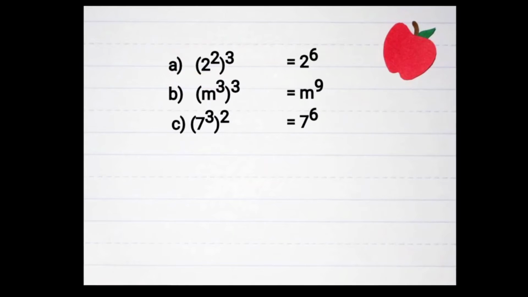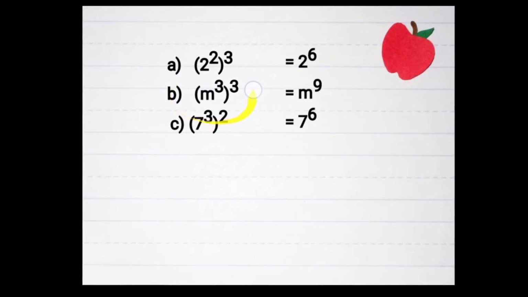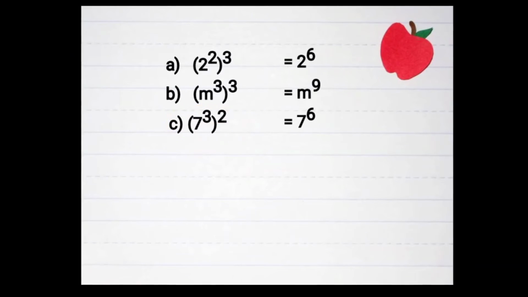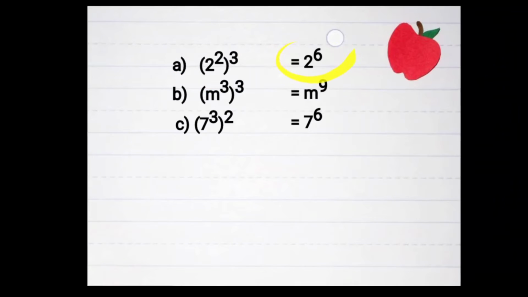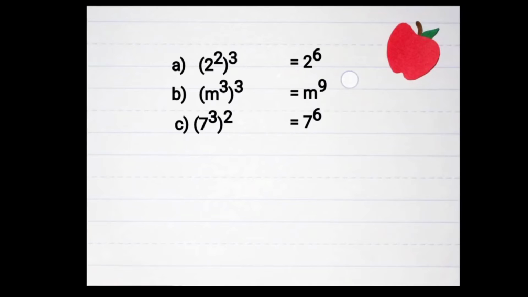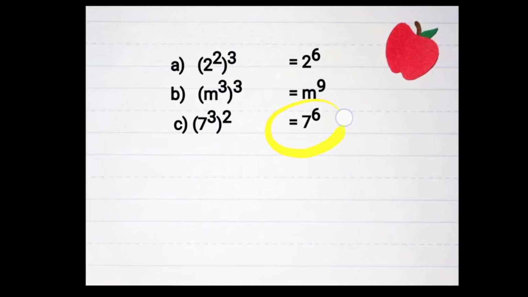Then the quantity of m cubed, cubed. Then the quantity of 7 cubed, squared. So what are you going to do? As you can see, the answer for letter A is 2 raised to the 6th power. On the other hand, for letter B, we have m to the 9th power. And for letter C, we have 7 to the 6th power.